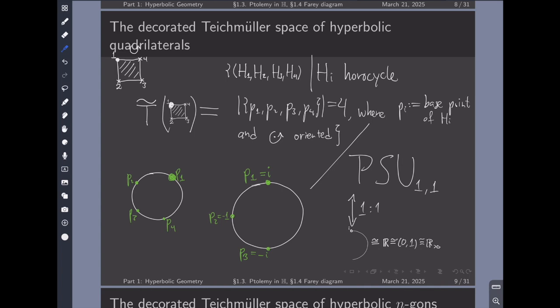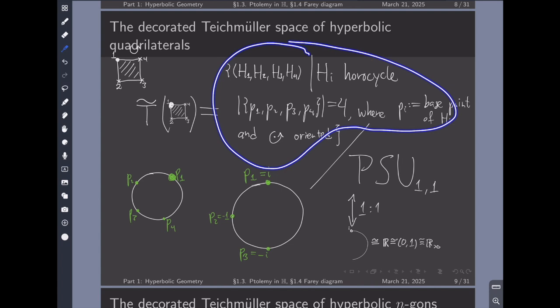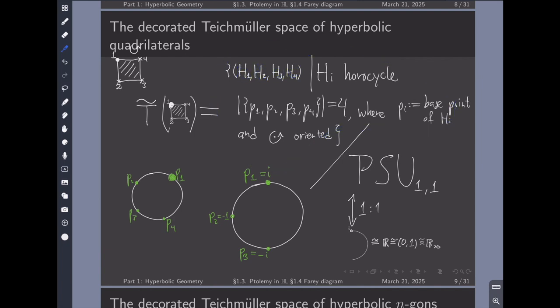So before modding out, at each point I have one real degree of freedom, so it has four more dimensions, no? Then I mod out by PSU(1,1), and I'm going to try to see how it looks in simpler terms.